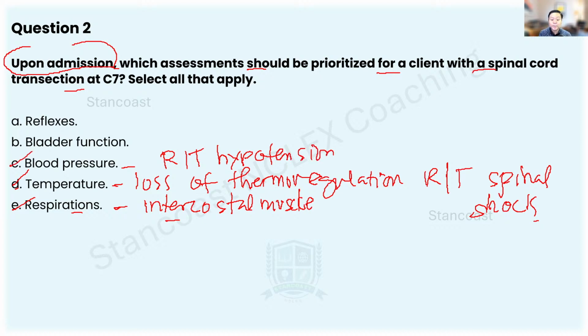What about bladder function? Letter B. Will that be important as well? Do you think this is going to be a priority? Going back into the question, we know that bladder function is very important, right? It is significant. But especially that we are going to deal with the life-threatening issues, do you think that bladder function would be necessary during the acute phase?